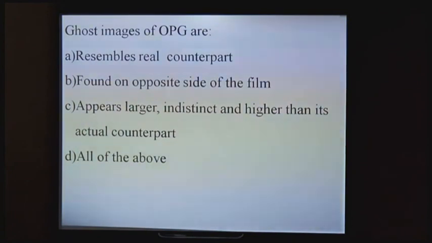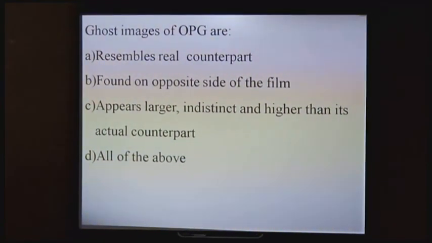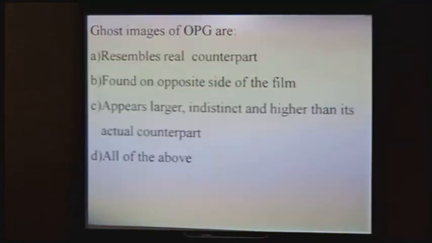The ghost image of OPG resembles the real counterpart, is found on the opposite side of the film, appears larger, indistinct, and higher than its actual part. See, it is all of the above. Obviously, a ghost image will look exactly like how it is.